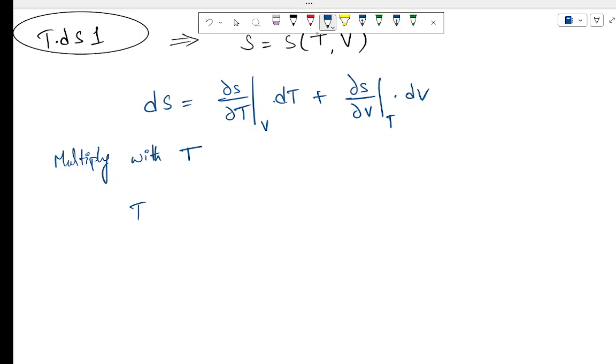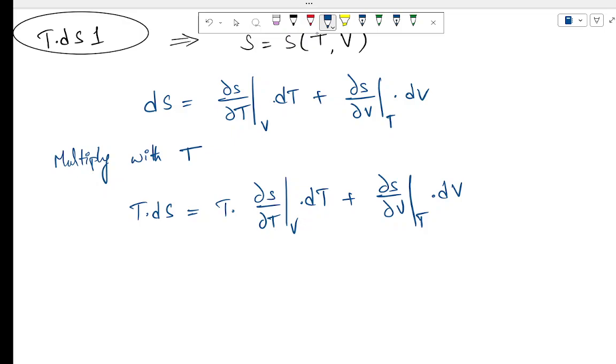So TdS will be equal to T into ∂S/∂T at constant V into dT plus T ∂S/∂V at constant T into dV. So this is how your expression will turn out to be.